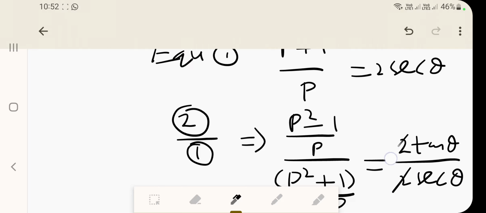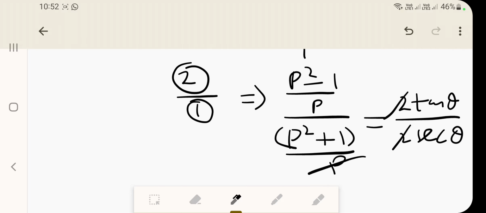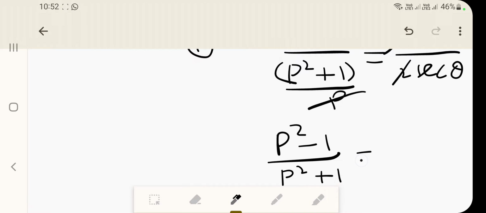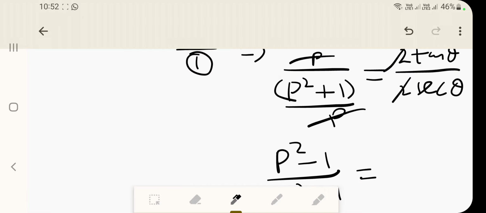This 2 and 2 will get cancelled, and this p and this p will get cancelled. Now what we are left with is (p square minus 1) divided by (p square plus 1) is equal to tan theta divided by secant theta. So we get tan theta divided by secant theta.